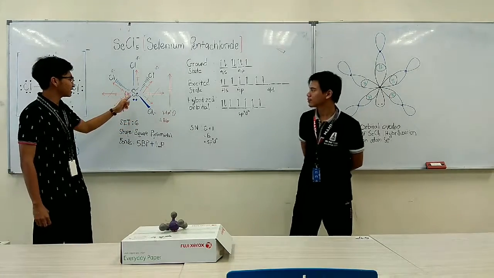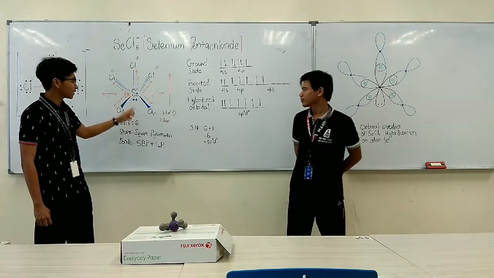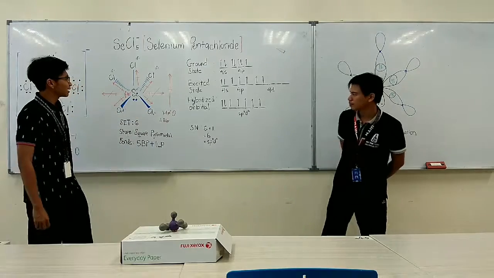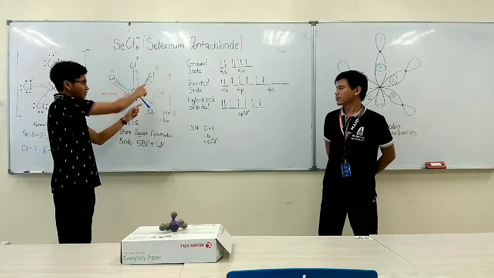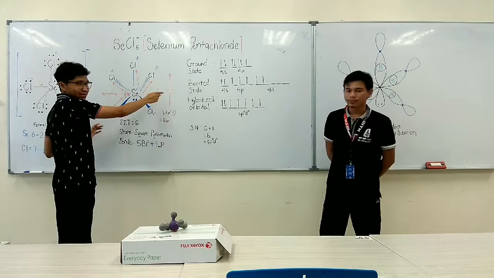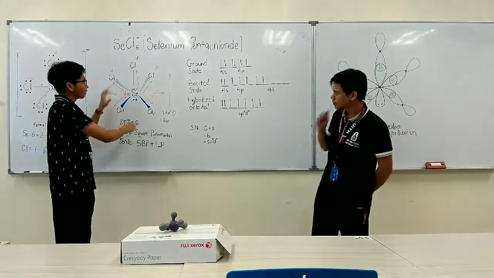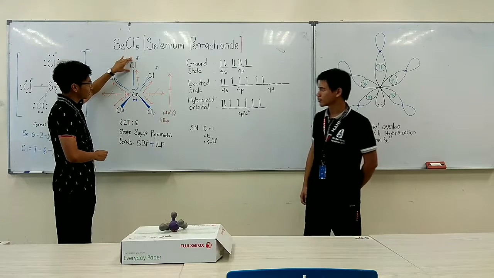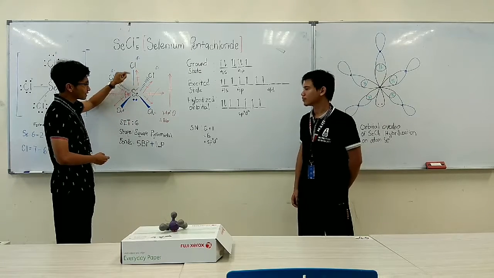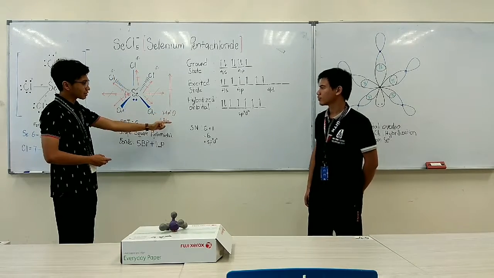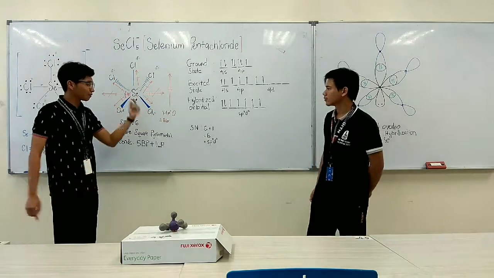In this case, Se is the partially positive atom and Cl is the partially negative atom. So the arrow moves from Se to Cl. These two arrows will result in a dipole moment in this direction. Same goes for this side, and these two will cancel each other out. But in this particular Cl, the dipole moment does not cancel, which means the mu is not equal to 0, which is why the compound is polar.